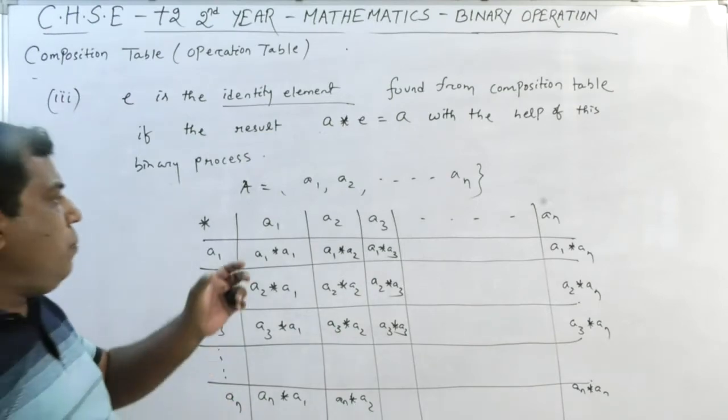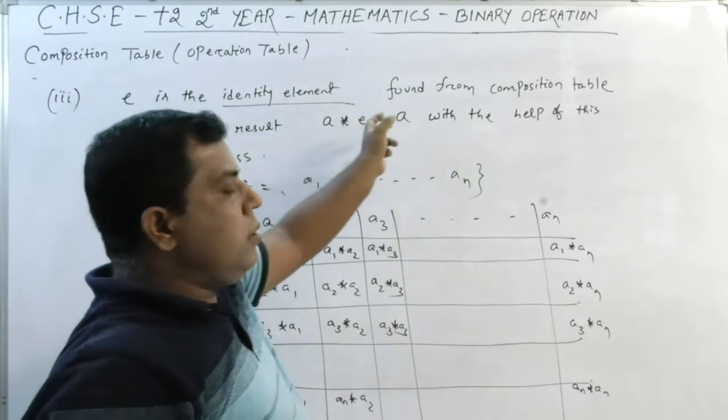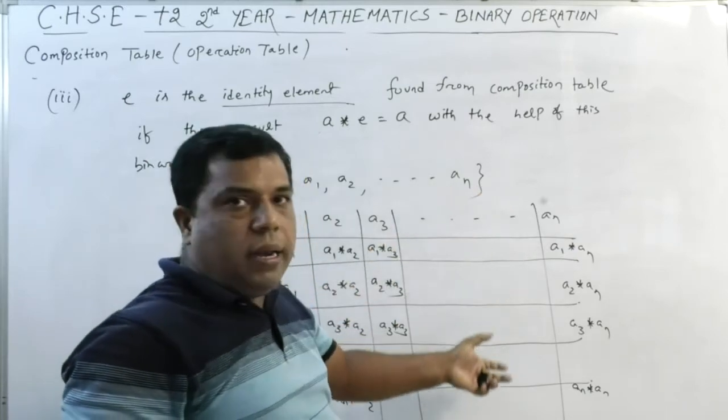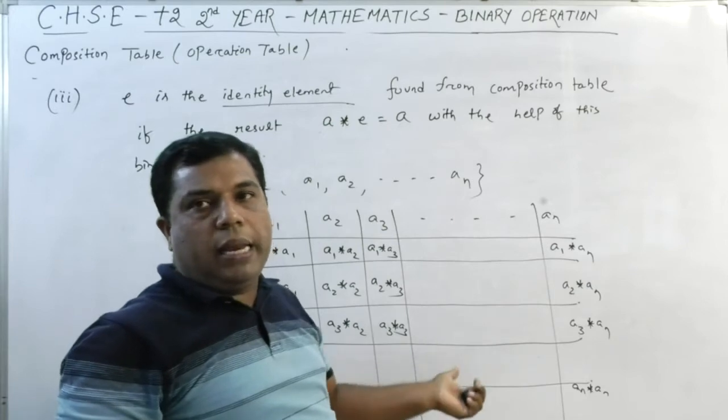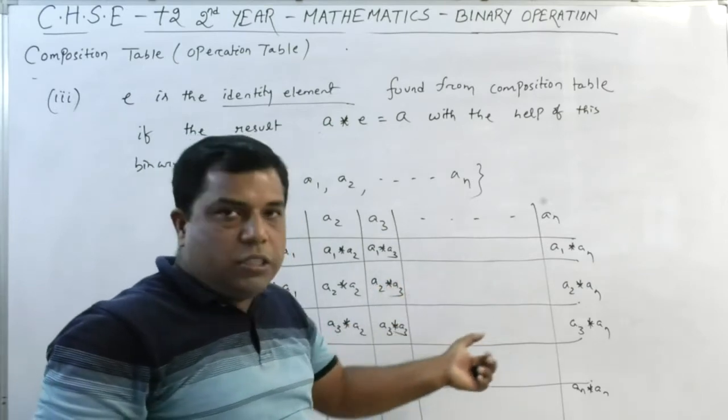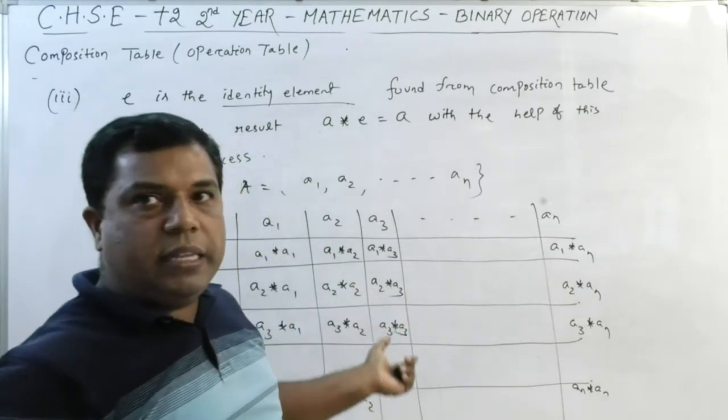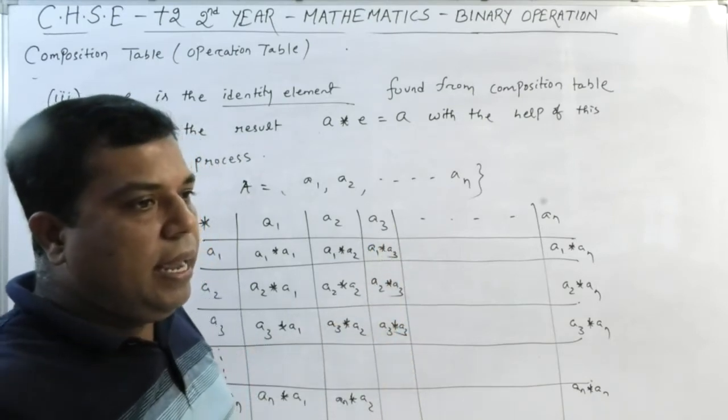So if after the operation we find a particular element which can operate with every element, but the result is equal to the element itself, then E is called the identity element.